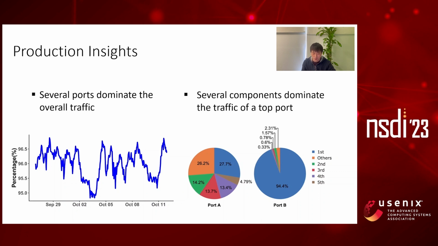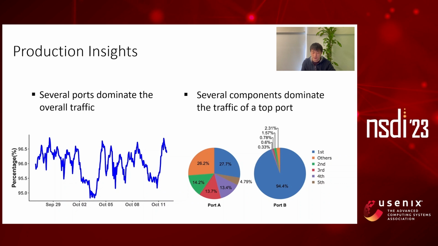The traffic distribution for cloud applications is top-heavy. Specifically, we have observed that in a half-month interval, the top 10 ports consistently account for over 94% of the total traffic. Furthermore, we found that for these top ports, the top 5 components are responsible for the majority of the traffic.